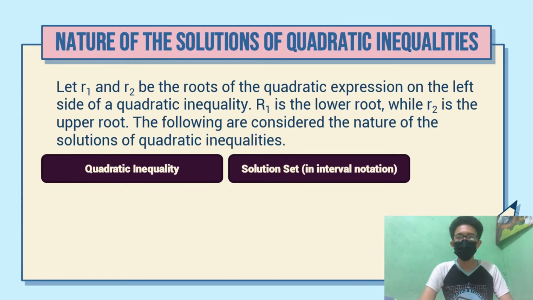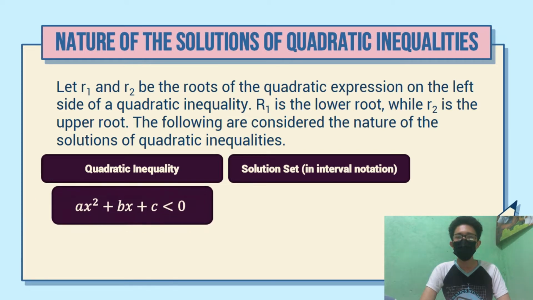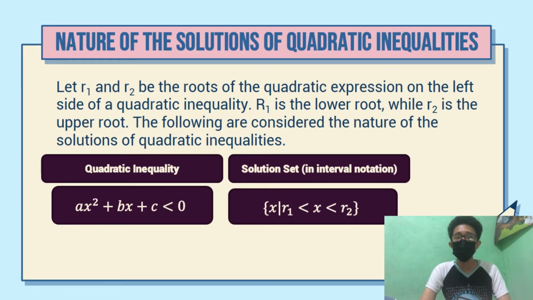On our third condition, ax squared plus bx plus c is less than 0, the solution set will be x such that r sub 1 is less than x less than r sub 2. The solution set are those numbers in between the two roots.